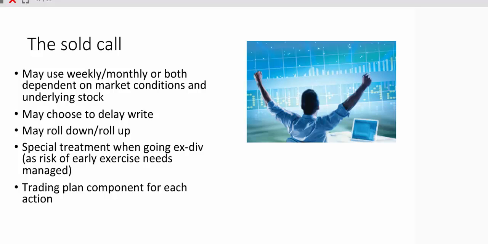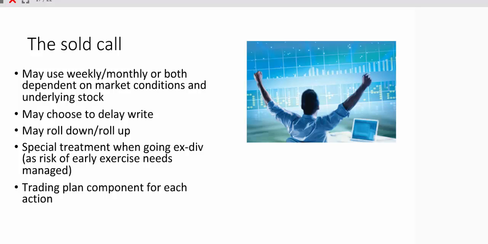What we tend to do is if there's a rapid move up in the stock, we roll up not out of the money, but slightly in the money to give it some wiggle room to come back down if there's any profit taken, and we're not shy at all of rolling it up again. There's times when we've rolled up 2 or 3 times within a monthly period, or rolled down depending on the direction, of course. But that's all to do with having a tight trading plan for how you're going to manage that sold call.